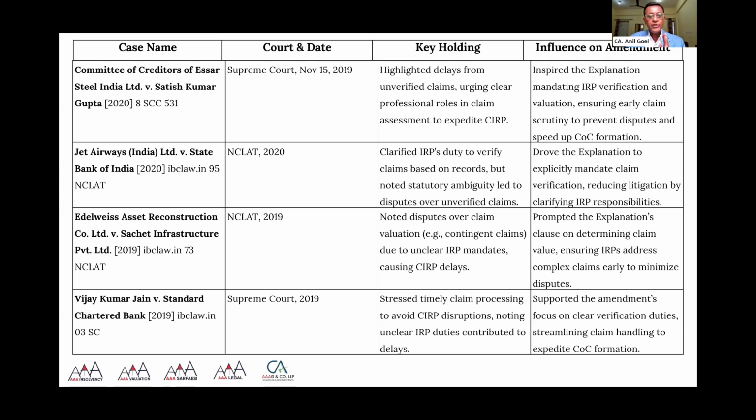In the case of Edelweiss versus Sachet Infrastructure, it noted disputes over claim valuation and contingent claims due to unclear IRP mandates causing CIRP delays. And again, in the case of Vijay Kumar Jain versus Standard Chartered Bank, the Supreme Court stressed timely claim processing to avoid CIRP disruptions, and noted unclear IRP duties.